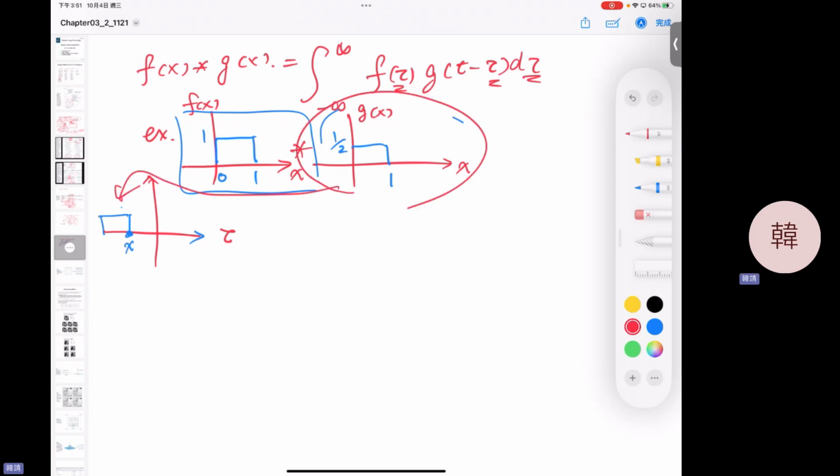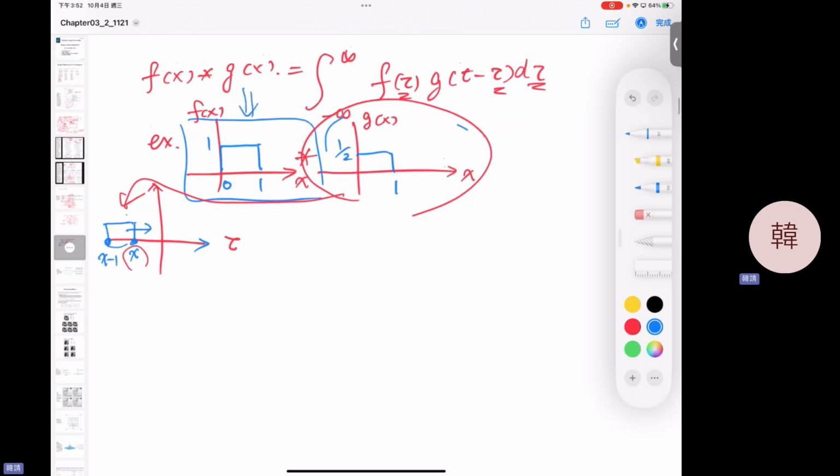So you rotate, and your front end is the x parameter. Because the width is 1, the other end should be x minus 1, since the width is kept as 1. So this black rectangle moves from minus infinity to the right until it hits the original signal here.